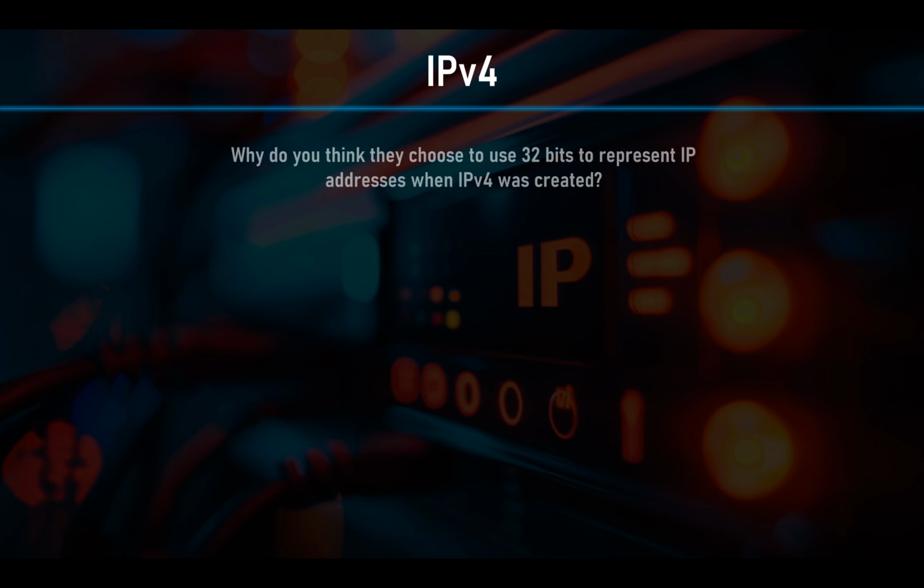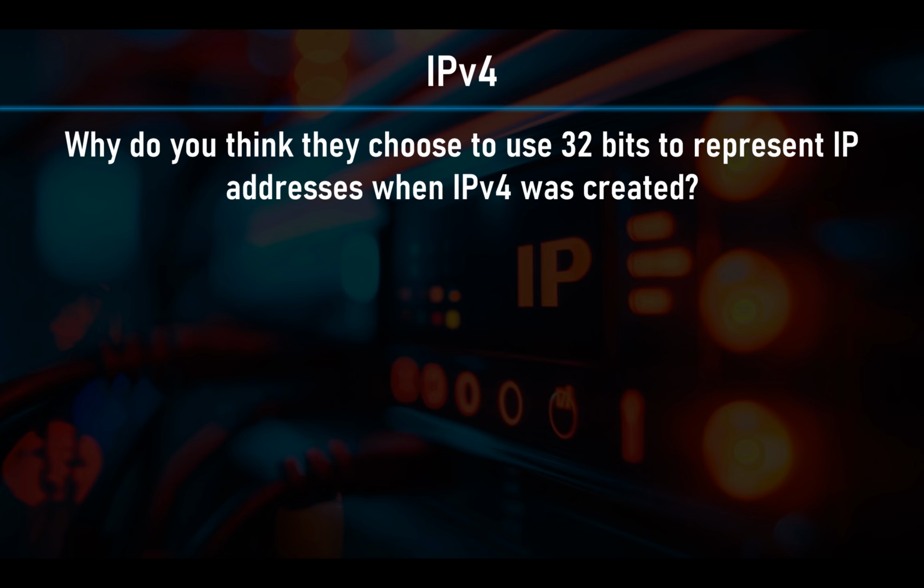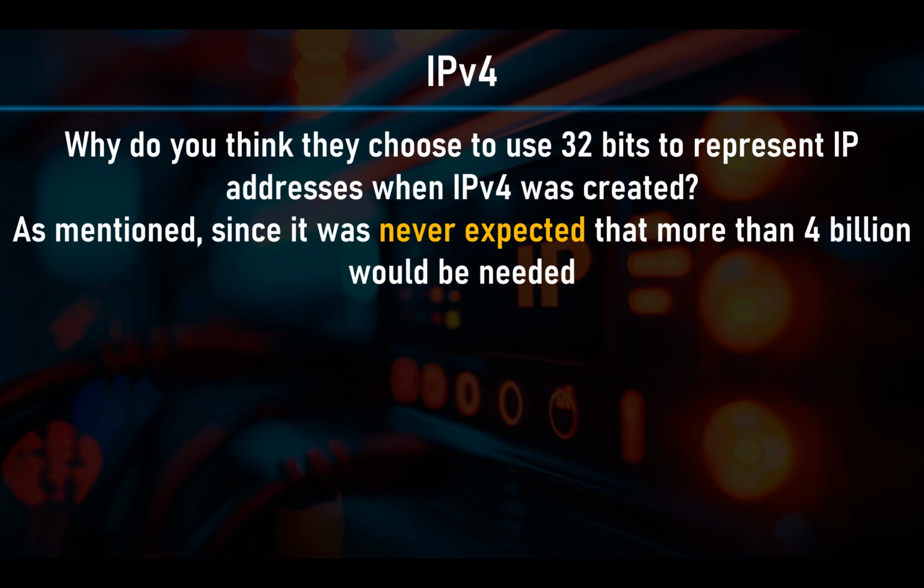If we look at IPv4, why did they choose to use 32 bits to represent IP addresses when IPv4 was created? As mentioned, it was never expected that more than 4 billion would be needed. It was developed for universities and the military, kind of a closed system, and to be honest, it was probably developed just to be used in America.